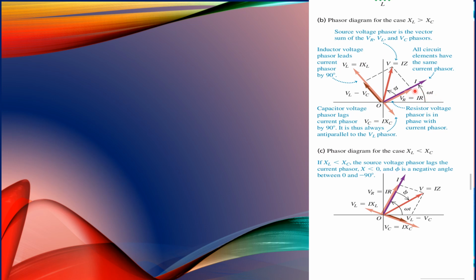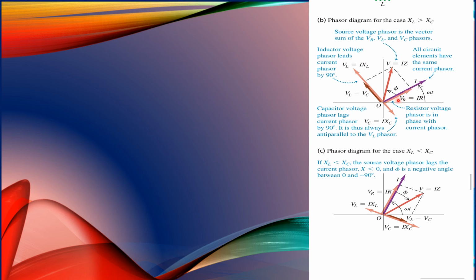The voltage across the resistor, labeled capital V_R, which is equal to the product of the current amplitude and the resistance, is also drawn along the same line as the current phasor. In other words, the voltage V_R is in phase with the current.